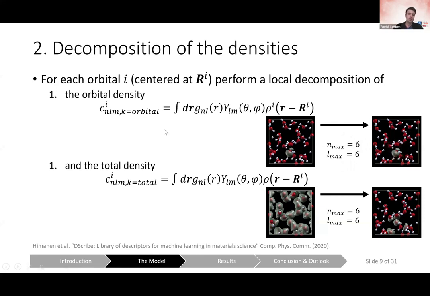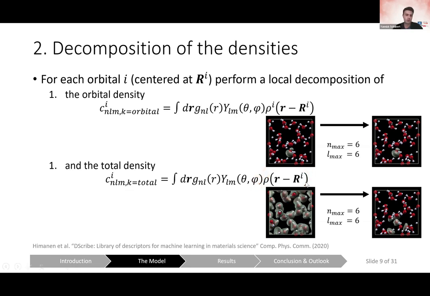For our machine learning model, we not only feed in the shape of the orbital itself, but also the total density, since the screening parameters will not only be influenced by the shape of the orbital, but also by the electronic environment of this orbital. Therefore, we perform the same kind of local decomposition as we did for the orbital densities, also for the total density.